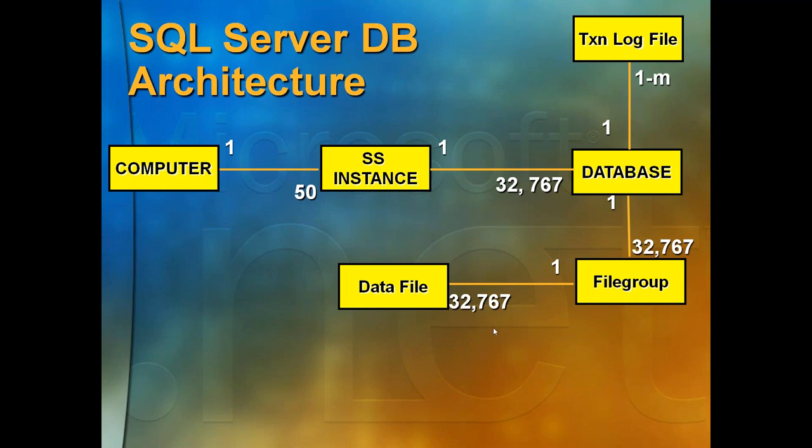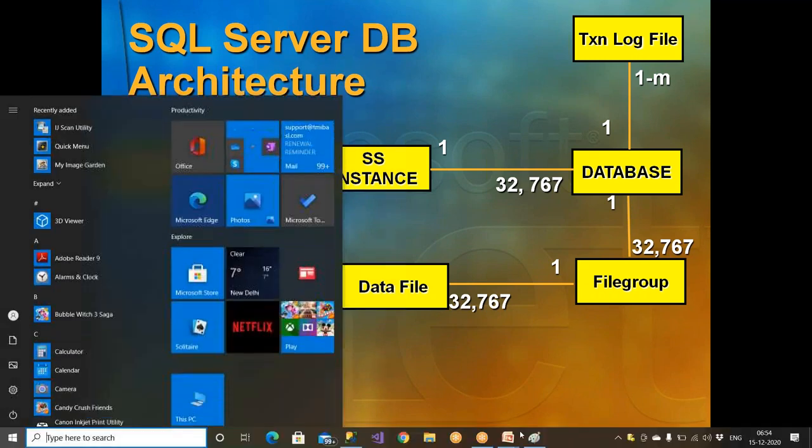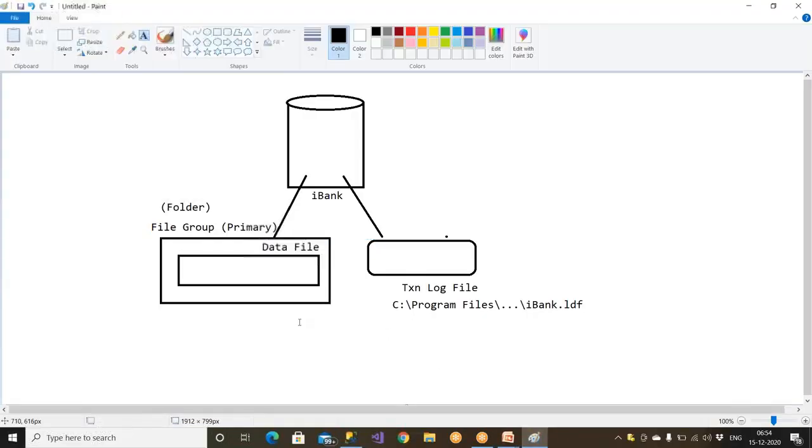Guys, clear? So by default, you will get one data file. Let me show in paint. I'm going to have one data file. A data file is divided into pages.